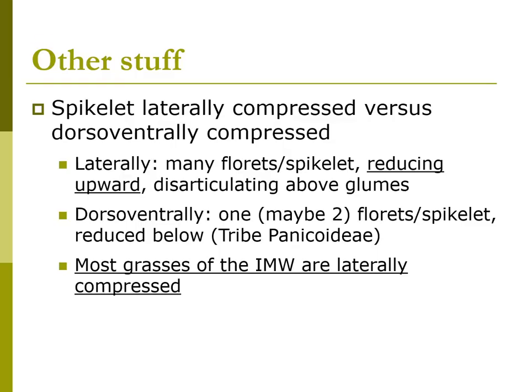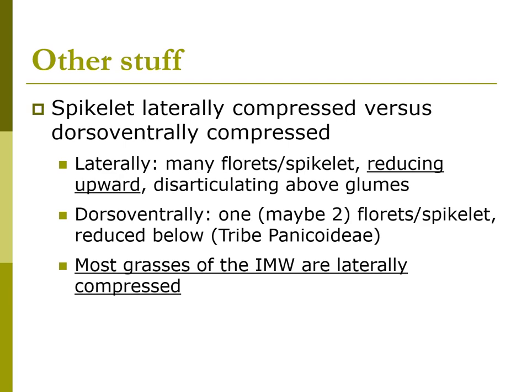Some other things to consider or that you might need to know. You'll find this step in several keys, asking if the spikelets are laterally or dorsoventrally compressed. If they're laterally compressed, meaning squished from the sides of the spikelet, the florets will be several in that spikelet, 2 to several, and they will reduce upward, meaning they get less mature the further from the stem you go.